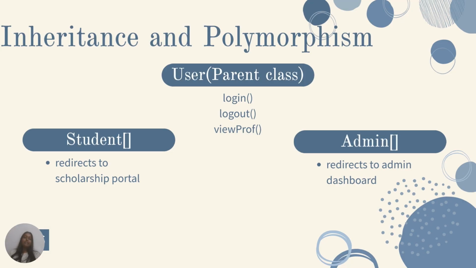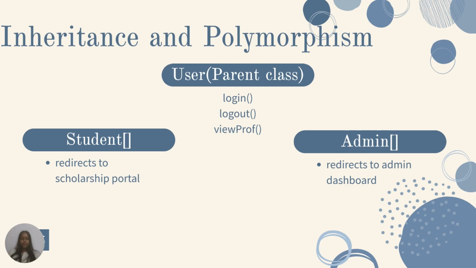Now inheritance and polymorphism. We have a parent class called user. Inside that we have login, logout, and view profile, which are common for both child classes, student and admin.